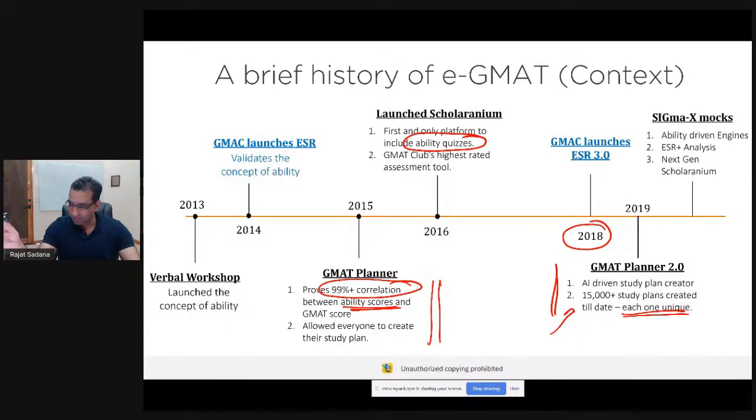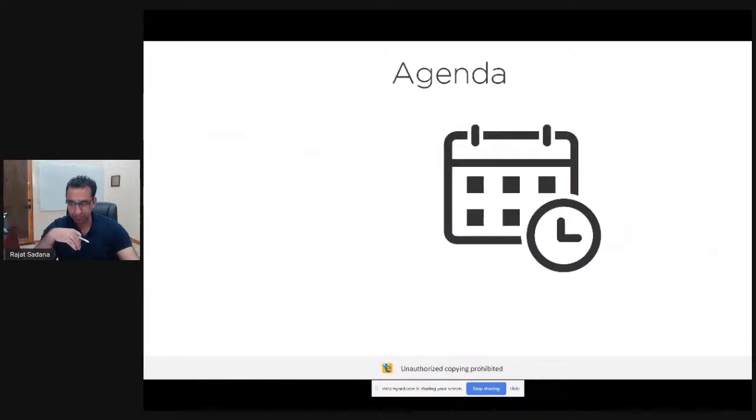Then in March of this year, we launched Sigma X mocks, which are the industry's only mock tests built on ability engines that provide analysis better than what any ESR can provide. We also launched the next generation of the same Scholarinium platform in May of this year, just to really tell you how much we study the test.